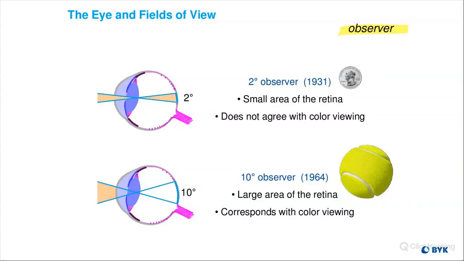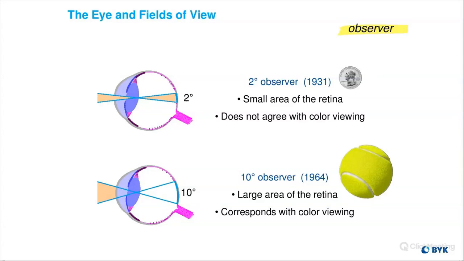The 2 degree just refers to what section of your eye is being used. So if I'm looking at something small like the letter of a keyboard, let's say, it's only using a small section of that eye. So the color correlation is not that great. For example, if I looked at a black key on my keyboard, and then I scaled that color up, it's going to look a little bit different than what I look through with a small object versus if it was a very large object.